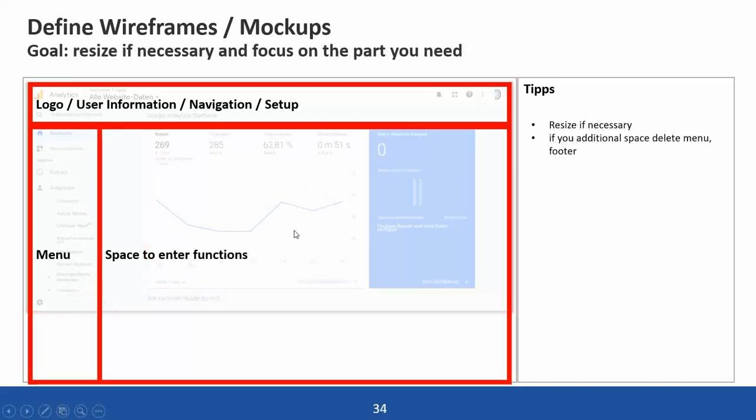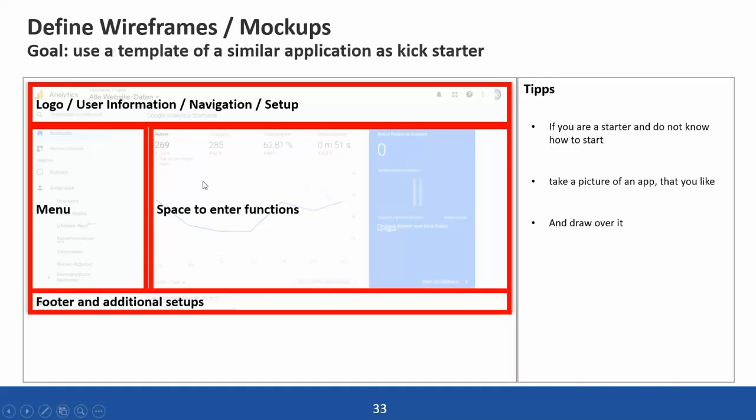So what you can also do is always resize it. So if you made this first step and now you want to add some features and you see there's not a lot of space, don't do it. Make a picture. The first screen is now describing how the whole screen should look.